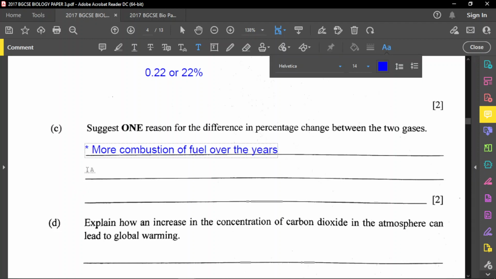Another possibility here is that it could also be greater levels of deforestation. I put this here because if you have fewer trees, you're definitely going to have more carbon dioxide, because that is a major way in which carbon dioxide is removed from the atmosphere, right?